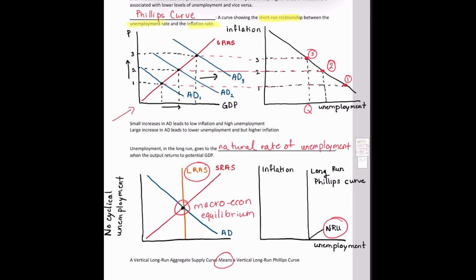So one quick question is, do workers understand inflation? Typically, workers don't necessarily believe increases in inflation quickly result in increases in wages. Essentially, they think that if they expect inflation, that will decrease their purchasing power over time.